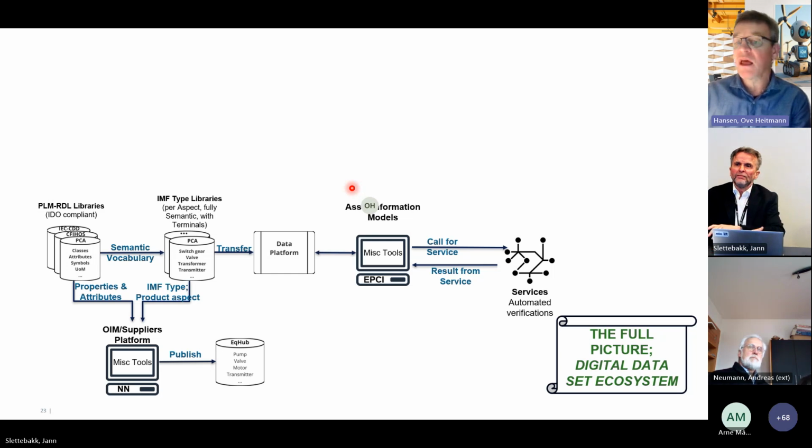It could be any kind of library that can host this kind of IMF data sets. They could be E-class or other libraries that can host it. But just to make sure that we can work together with the different industries, we use this as a use case. And of course, as an engineering company, we would like to check with those libraries if there is equipment that fulfills our design, so we can develop the design we are using.